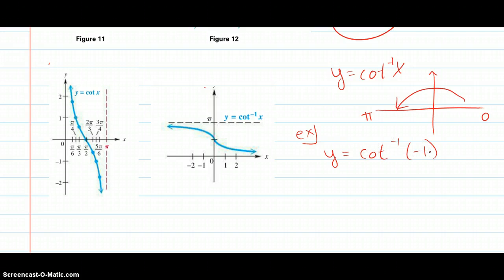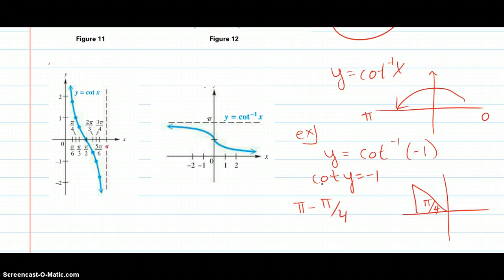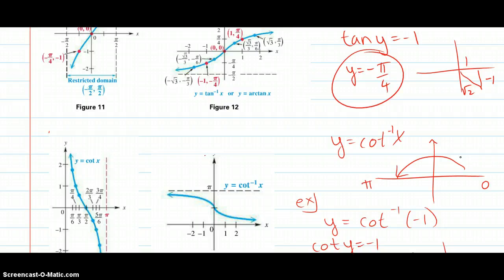For cotangent, we would have something a little bit different, because we know that cotangent of that angle is negative 1, is in quadrant 2 or 4 again, is where it's negative. But now, since cotangent is between 0 and pi, we'll erase this one, and the reference angle is still pi over 4, but this time we're going to take pi minus pi over 4 to get between 0 and pi.